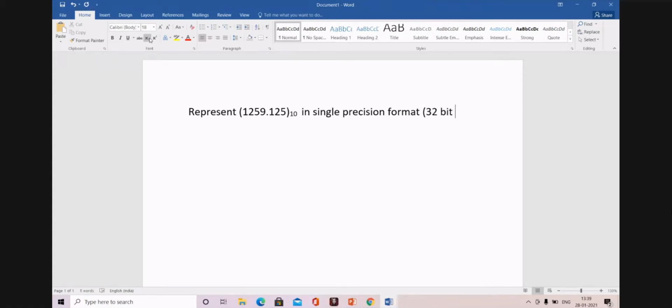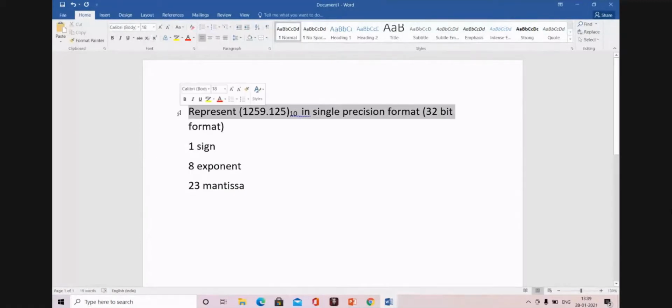If you remember, your first bit is your sign, 8 bits is your exponent, and 23 bits is your mantissa. So this is how we are going to represent. This is the question in the exam. How will you represent this number in single precision format?